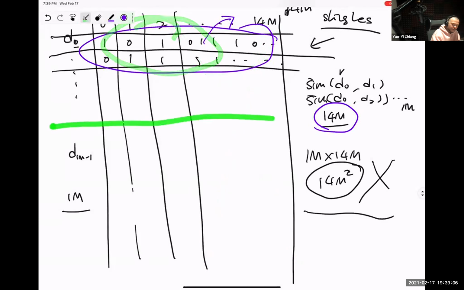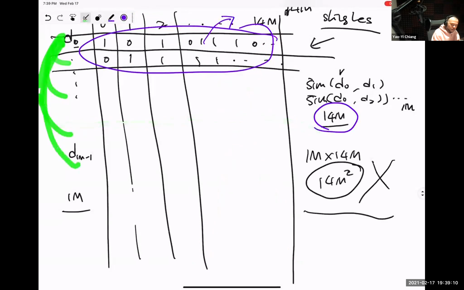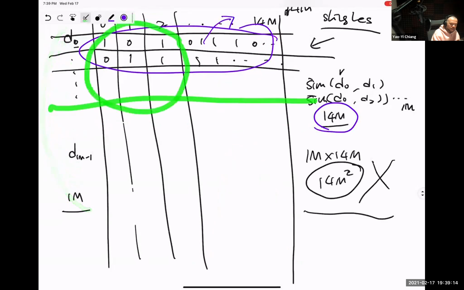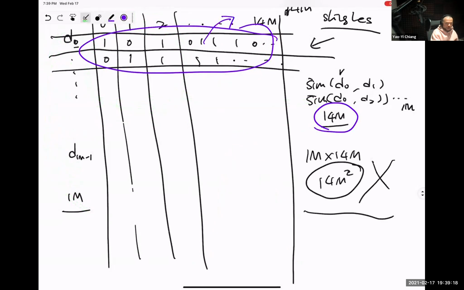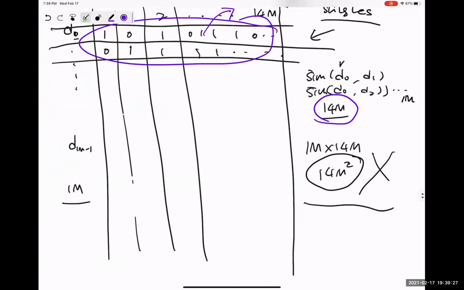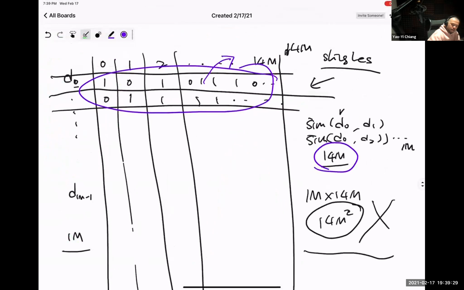Then locality sensitive hashing says instead of comparing everyone to yourself, let's just focus on the ones that would work. So eventually, both algorithms will help you compare small signatures with a limited number of documents to find the most similar documents. Okay. All right. So let's go back to the slides.